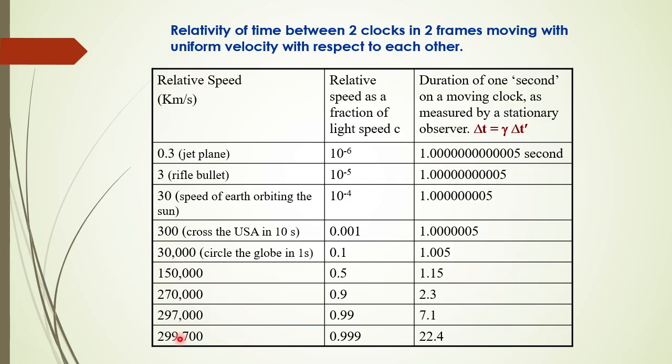You need to get very close to the speed of light. Then 1 second will start to count as 22 seconds. That factor is pretty big. So the closer you are as a fraction of the speed of light, the larger this time dilation effect. And it only really becomes noticeable after you cross this threshold of half the speed of light. So that's why we don't really see it in day-to-day life.